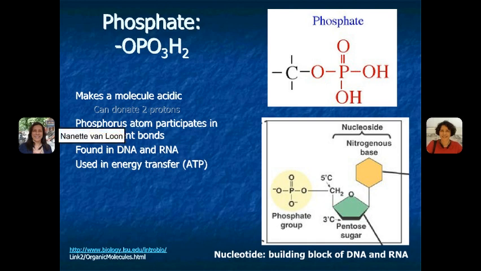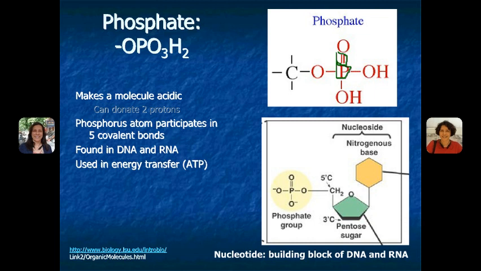The phosphate group is the other functional group that can make molecules acidic. The phosphate group has a phosphorus atom in the middle, and this phosphorus atom is surrounded by 5 oxygen atoms. One of the oxygen atoms is connected to the phosphorus by a double covalent bond, and the other 3 are connected through single covalent bonds.